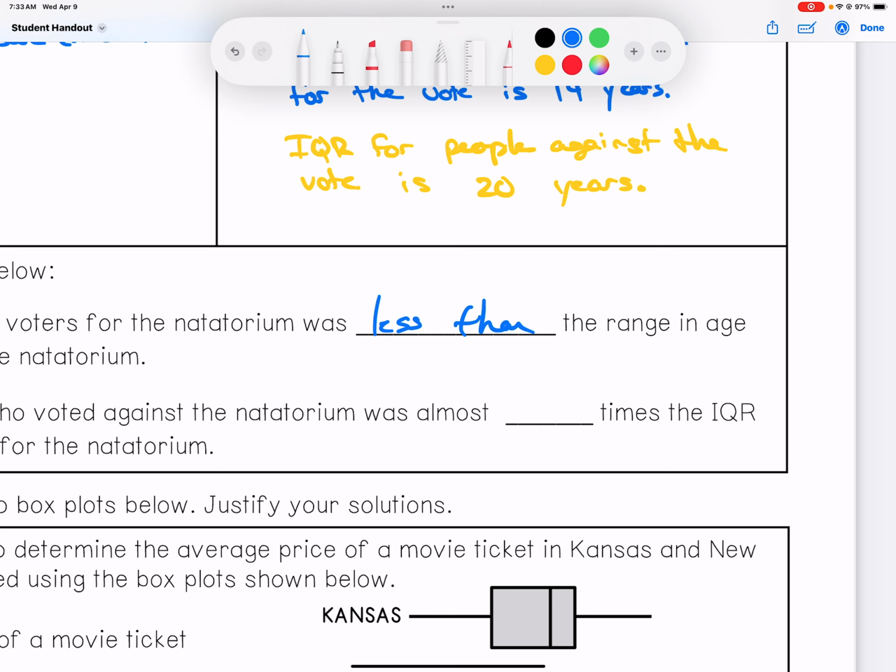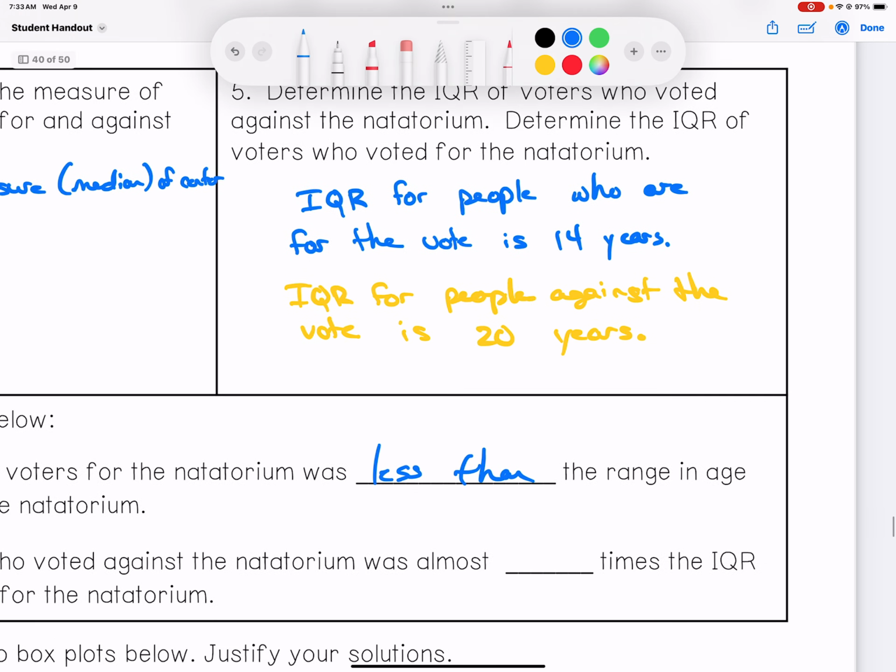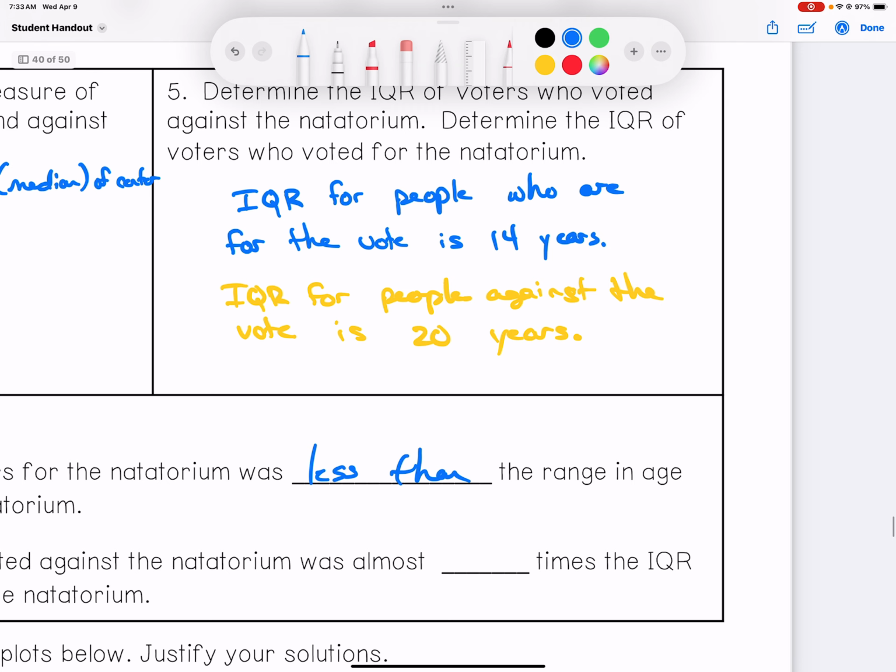The IQR of those who voted against the natatorium was almost how many times? Well, how many times will 14 go into 20?